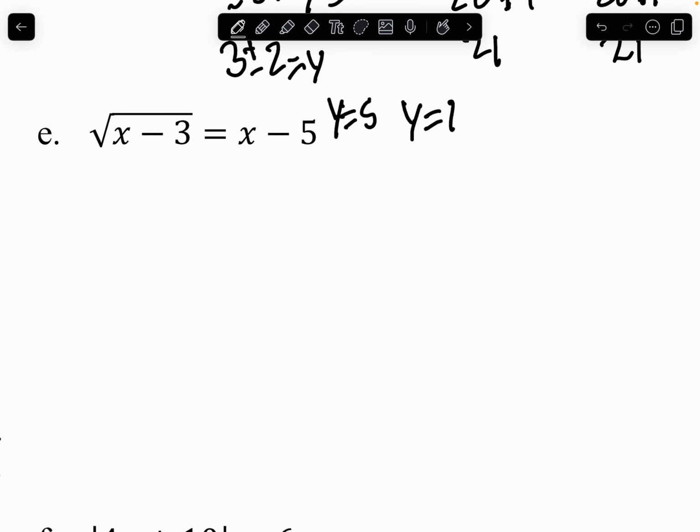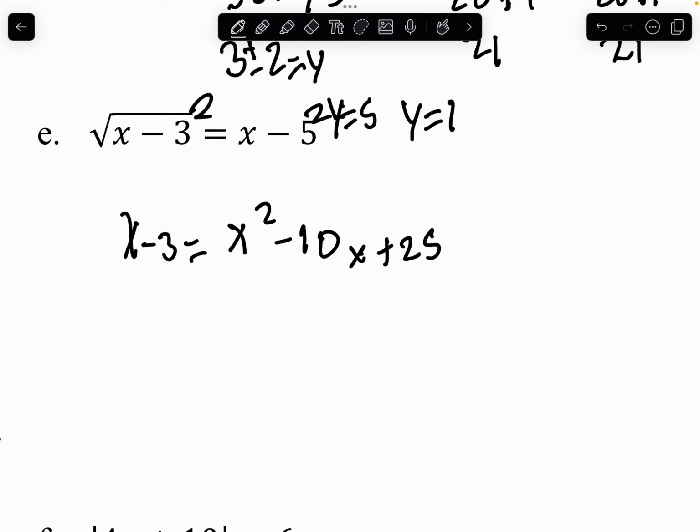Same kind of thing for this one. You can have one answer because there's a square root on one side. So I square both sides and get x minus 3 equals x squared minus 10x plus 25.